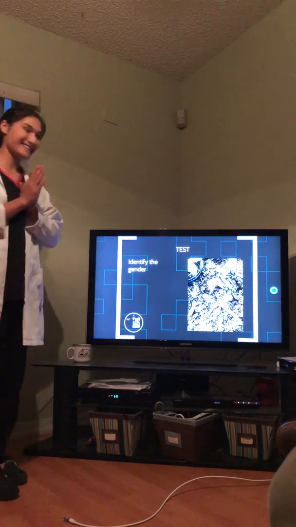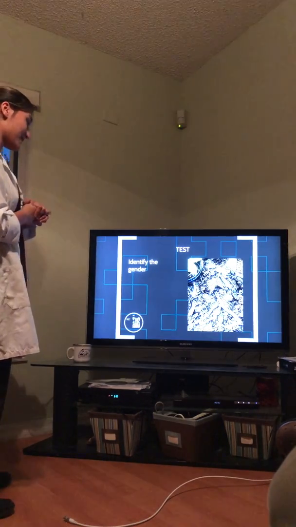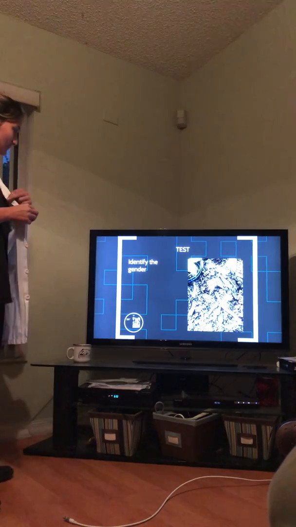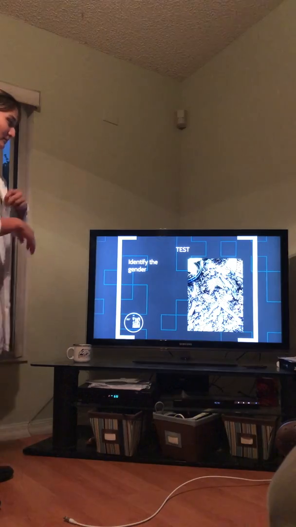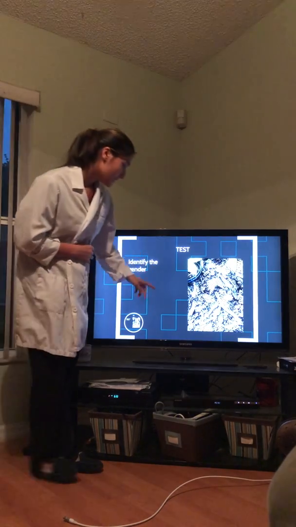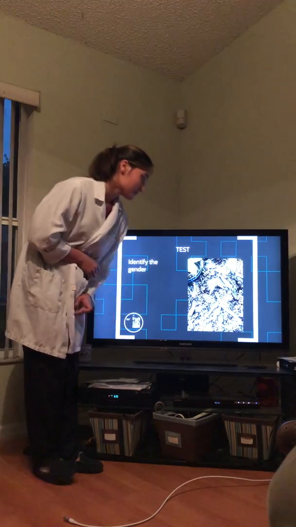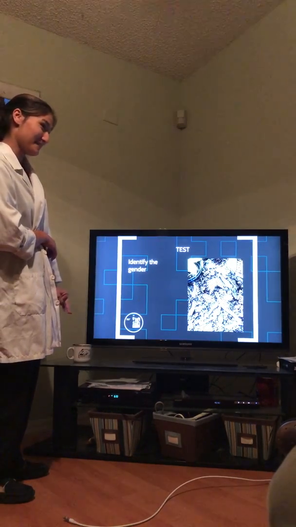So, test. Can you identify the gender of the skeleton? No, because they're broken apart and it's covered. Okay, you can also view, so right here, I'm going to say male, though, because of the eyes, he's a European. Look at his eyes.